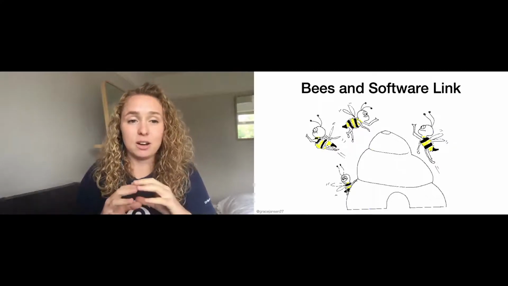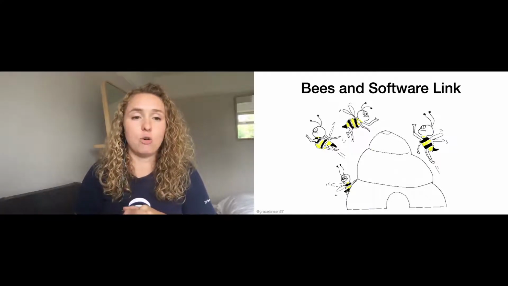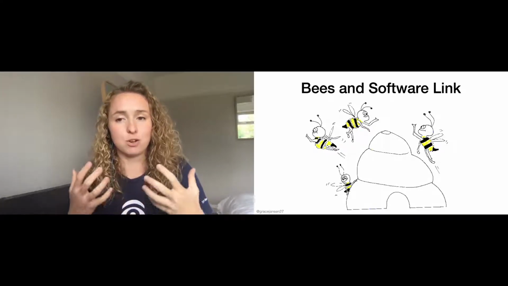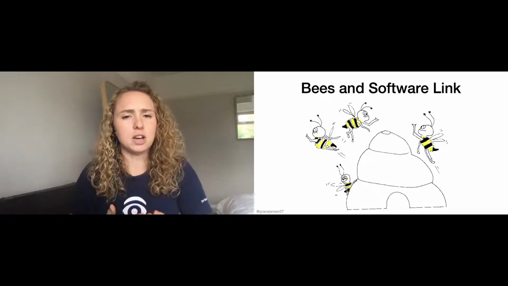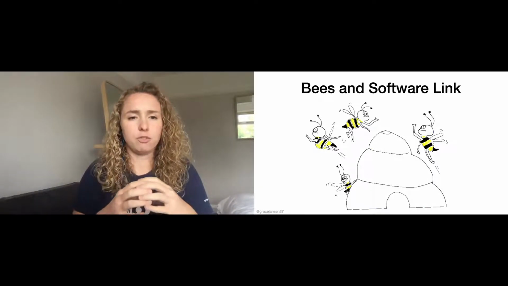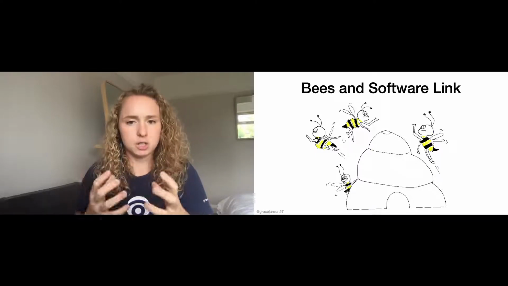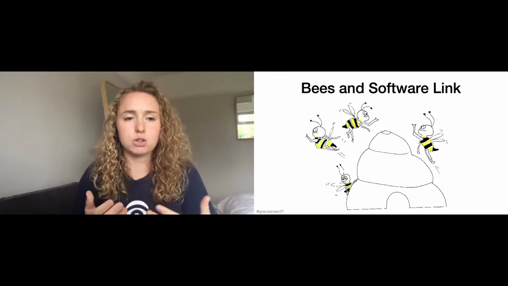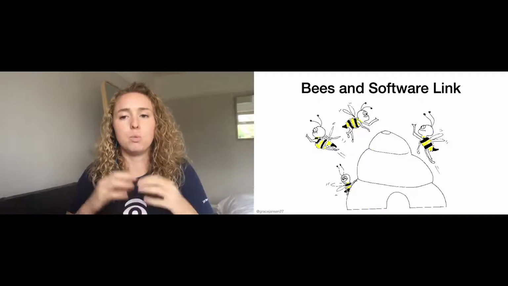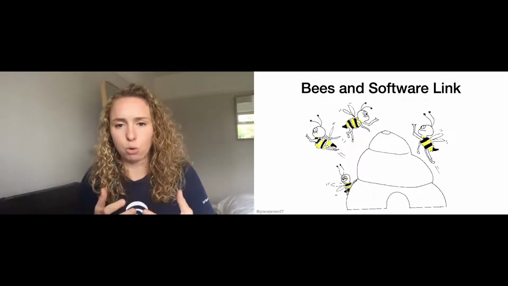A beehive is a system of individual bees, and each bee has their own responsibility and roles, but they work together for the benefit and the good of the hive as a whole. So it's just like microservices. Each microservice has their own role to play within the system, but it works together to make the application whole.